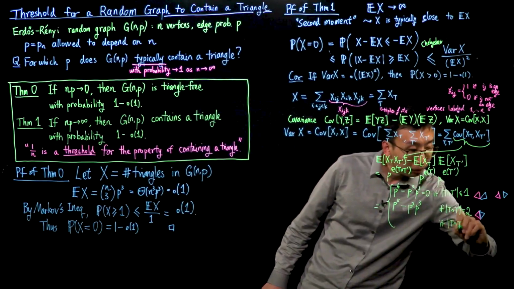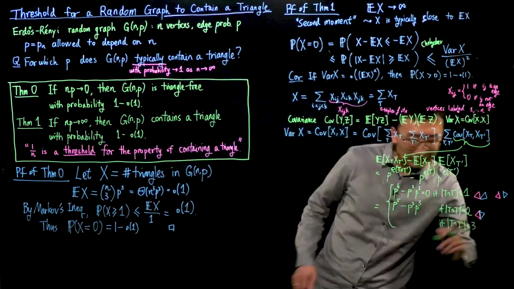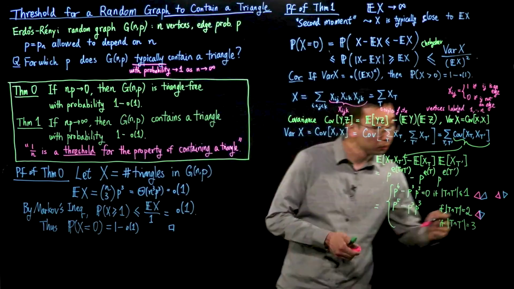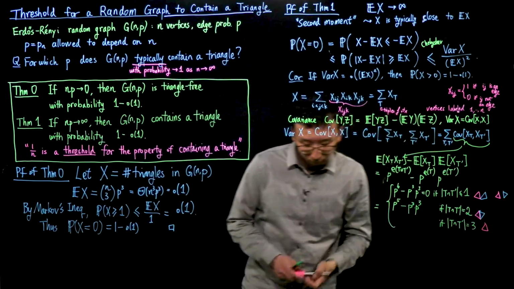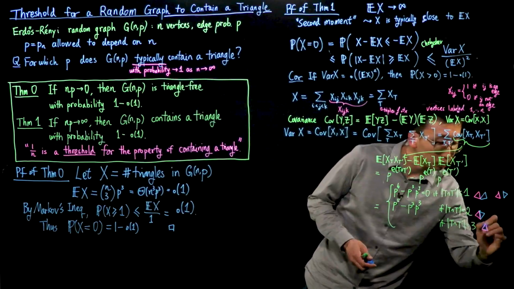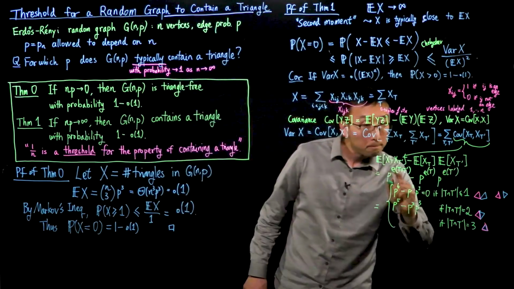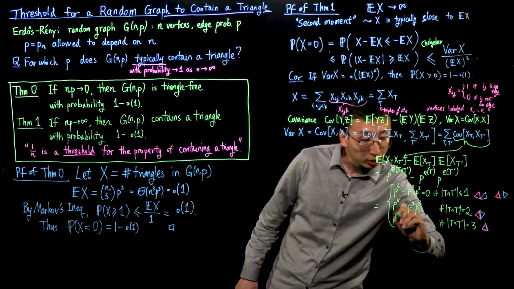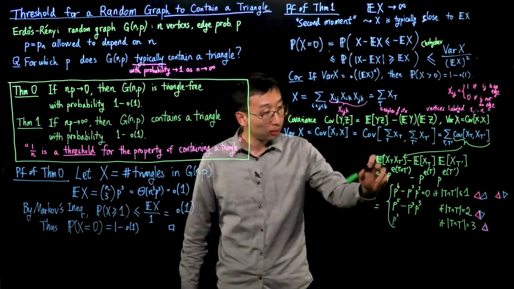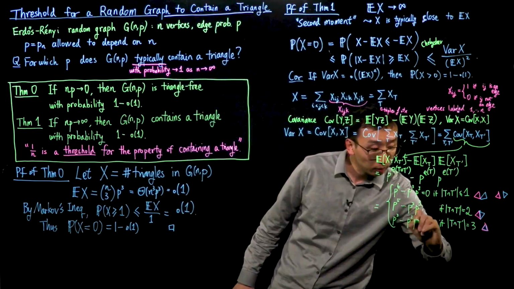Finally, if T and T prime are identical, then the number of edges in the first term is 3, giving p cubed minus p cubed.